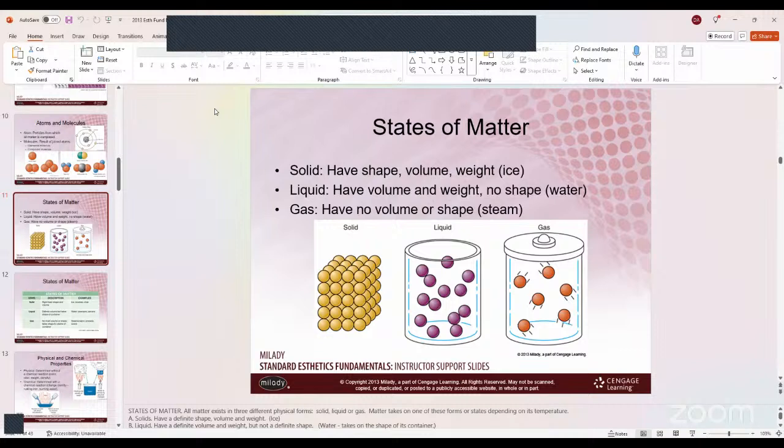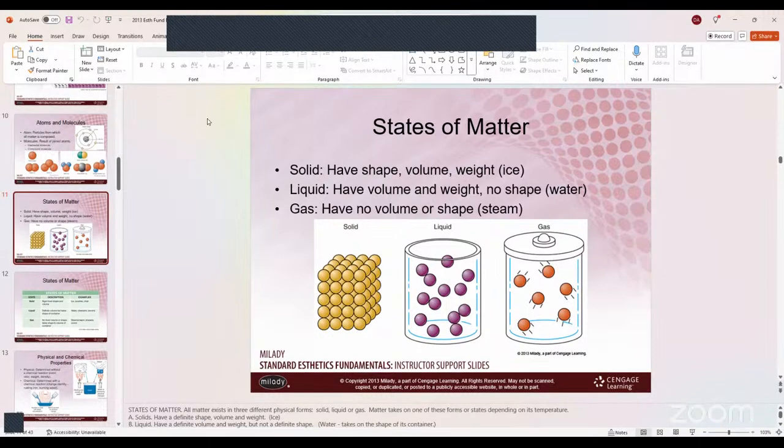It looks like a cube, or you can mold it into whatever you want to, but it's solid. It has shape. It has volume. So it's probably when you turn to the side, it's not thin. And then it has weight. Okay. You have lightweight ice, heavyweight ice, a shape, volume, and weight. Okay. So it's one structure that's solid.